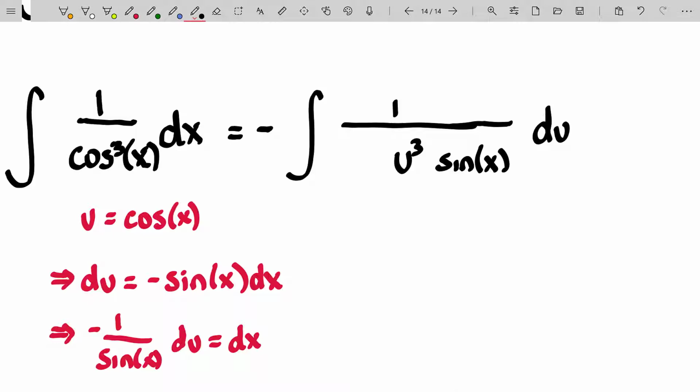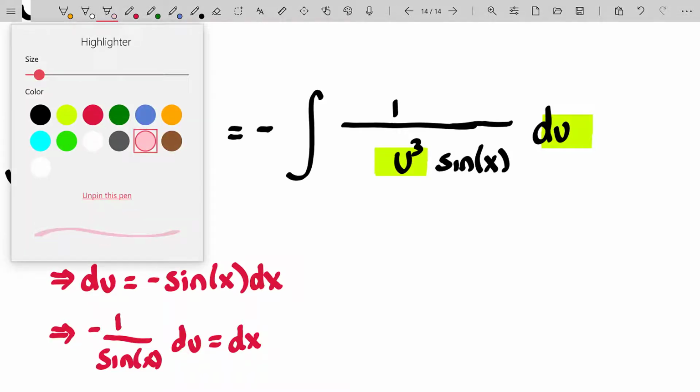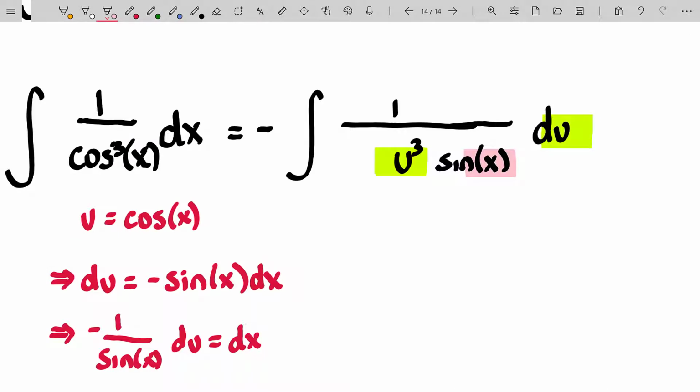And you can't evaluate this right now because you have a mixture of variables. Your integral is supposed to be in terms of u only, and unfortunately you do have u, but you don't have u right here, and that's a problem.